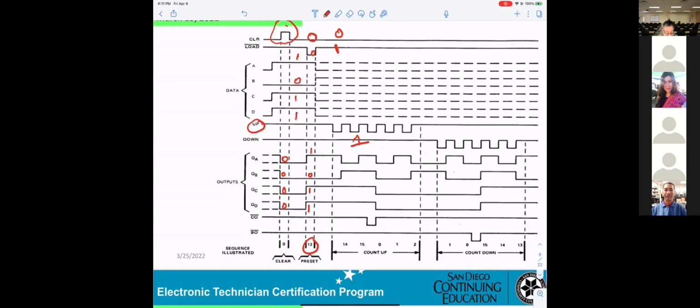Now, two things you need to pay attention. CO out. Active low. You see the bar over carry out. Normally they want, okay, when they low.